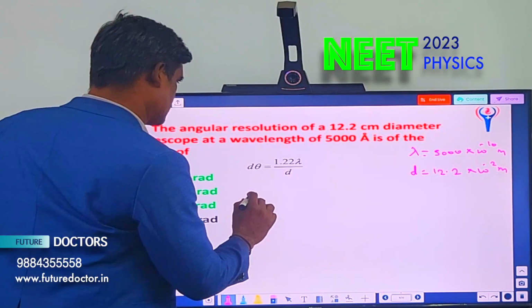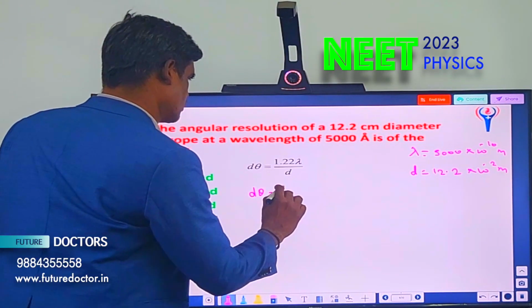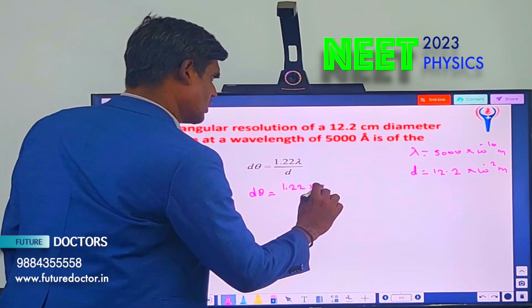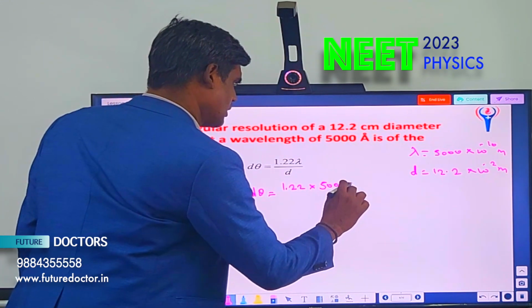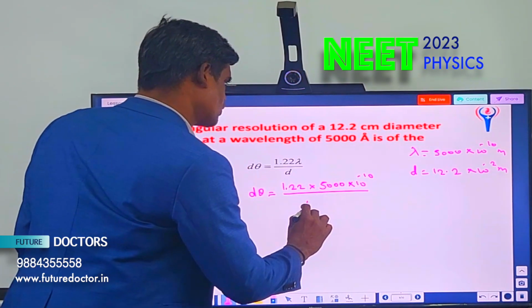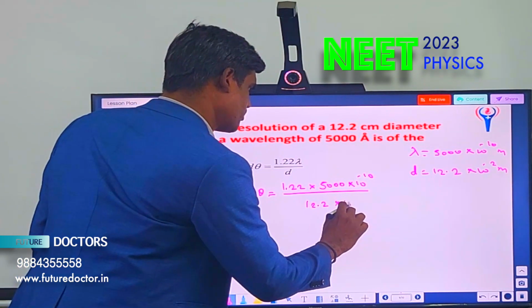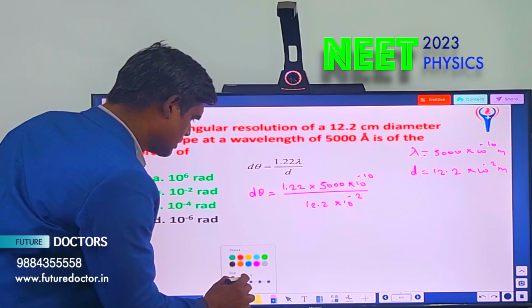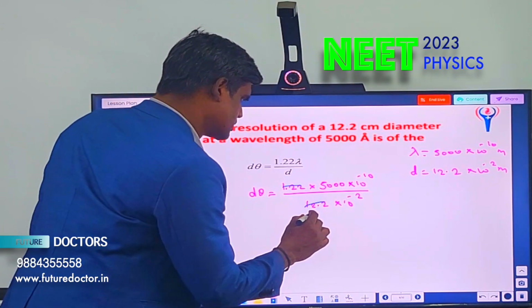Then substitute this here. D theta equal to 1.22 into lambda is 5000 into 10 power minus 10 divided by 12.2 into 10 power minus 2. Now, simplify this. 1.22 and 12.2, this is 10 times.